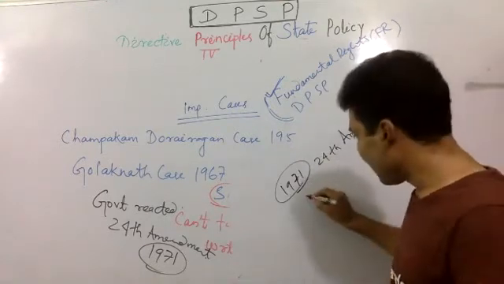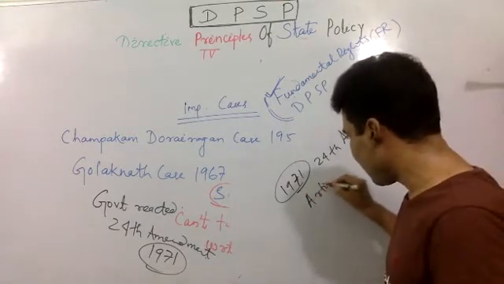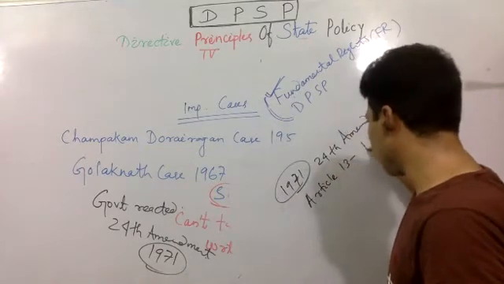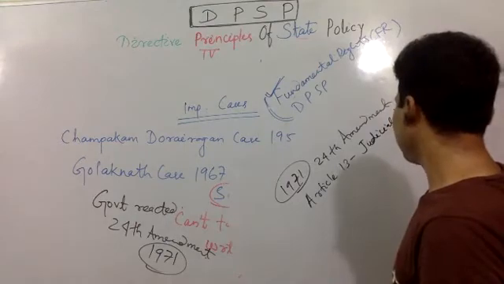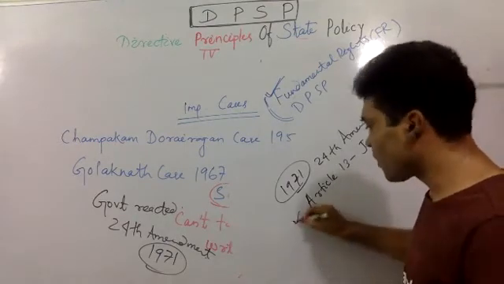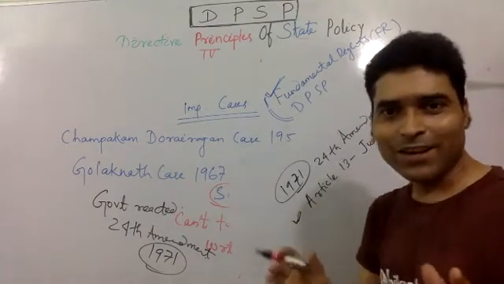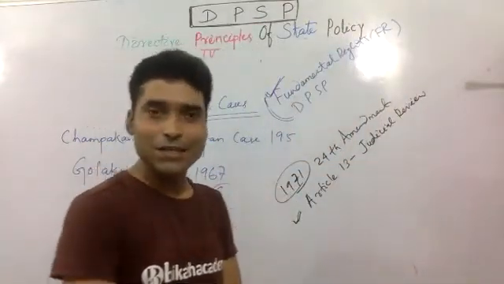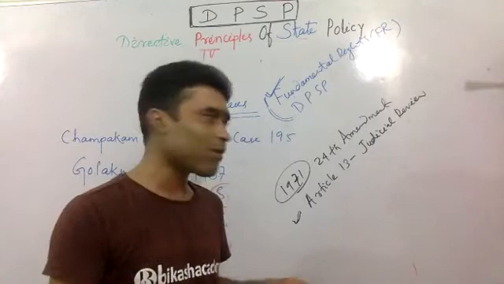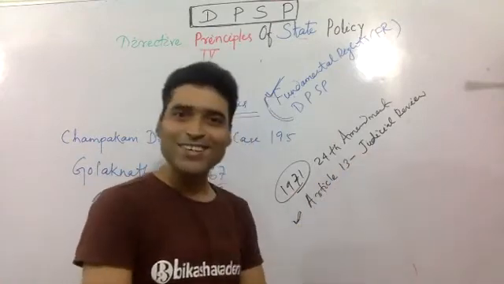The government amended Article 13, that is judicial review. This article was a bone of contention and a big problem for the government, because anything passed by Parliament, the legislature, the Supreme Court and High Court will review it, that is judicial review.